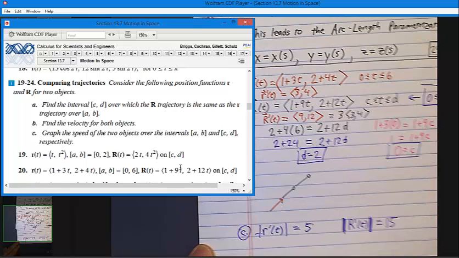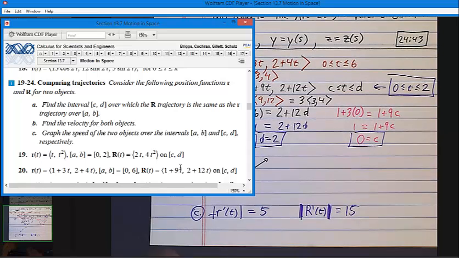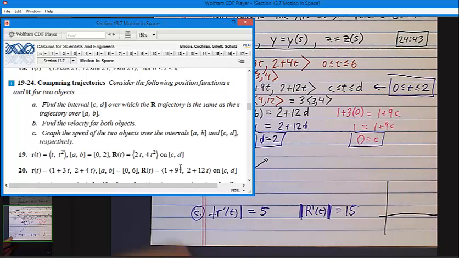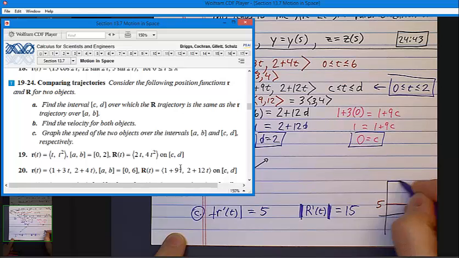And so I guess if I had to sketch a graph, because it asked me to, and like I said, it's kind of boring. Here's the axes. Here's t. And so here's 5, right? The speed's always 5. And then here's 15.